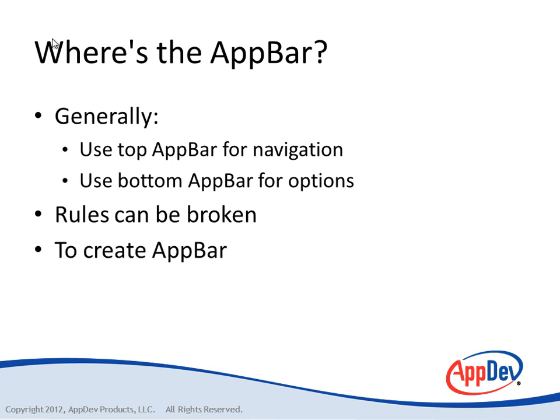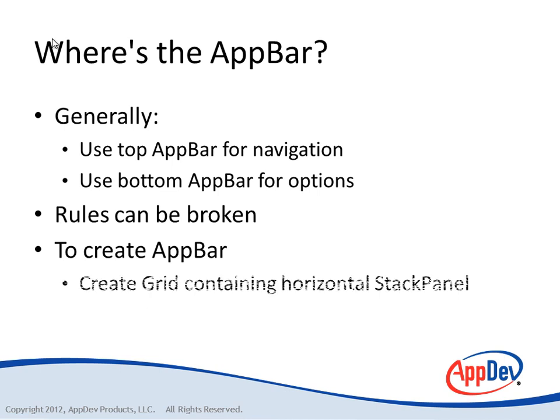To create an app bar, you'll add an app bar element to your code, and then within the app bar, create a grid containing one or more horizontal stack panels that contain buttons. Those buttons have styles applied that make them look like standard stack panel buttons, and you'll find a number of those included in the standard styles. Let's create a simple project and add our own app bar to that project.